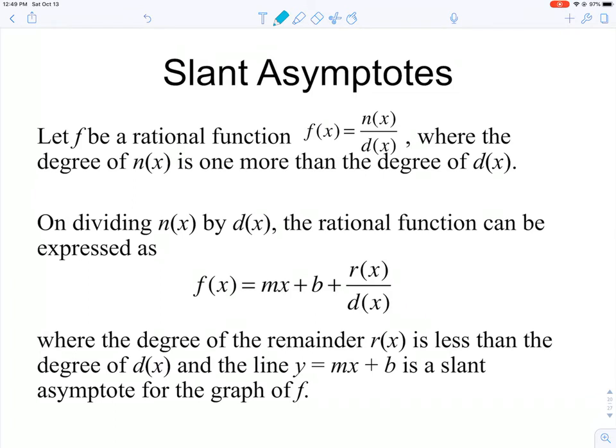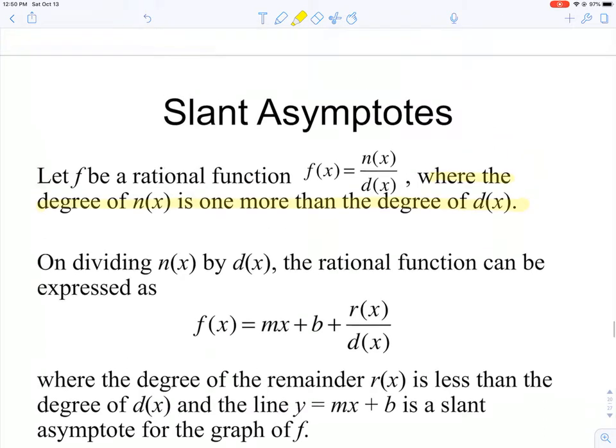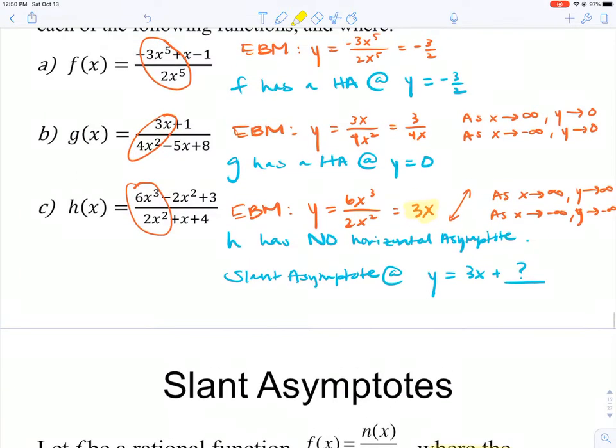So if f is a rational function where the degree of the numerator is exactly one more than the degree of the denominator, there's going to be a slant asymptote because your end behavior model is going to be a line, just like in part C here.